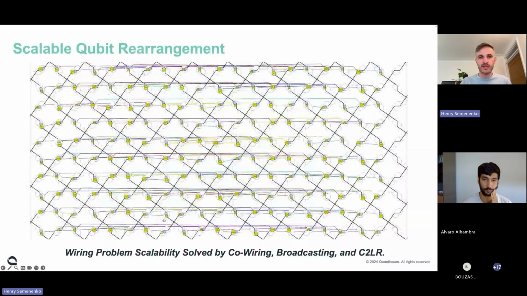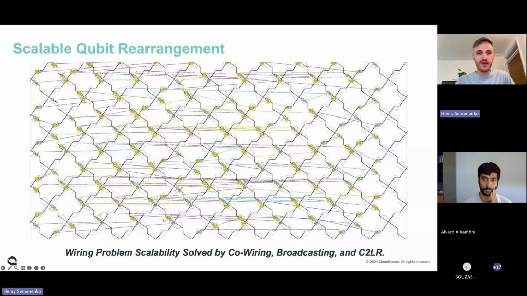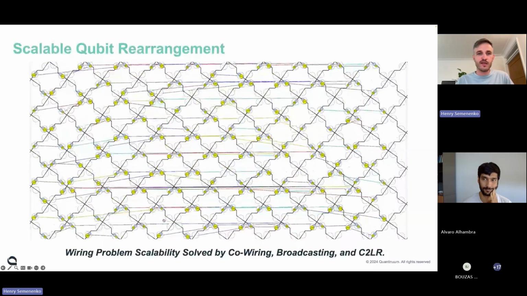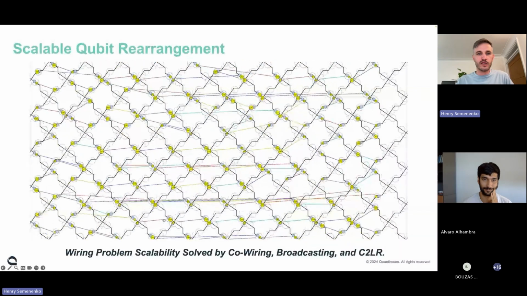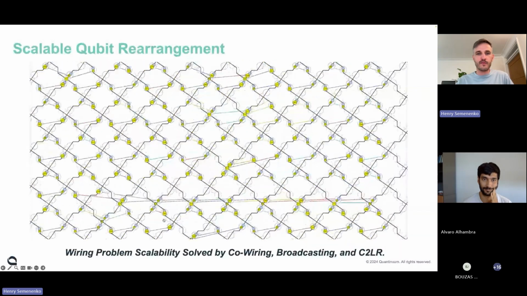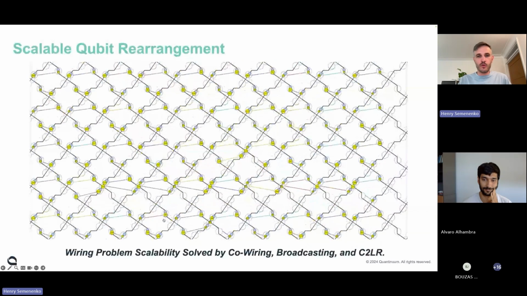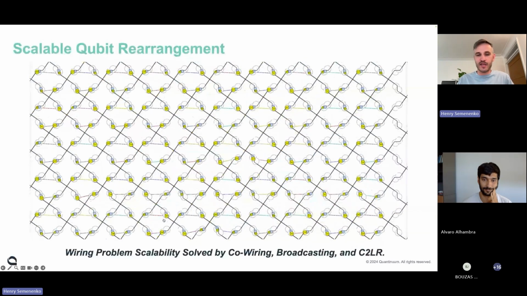And so by using this C2LR operation, we can rearrange our qubits, swapping them around these junctions, and eventually all of the qubits that we want to operate on end up next to each other. And so this is really showing that, with this simple wiring architecture, we can still scale this to very large systems and efficiently rearrange them.